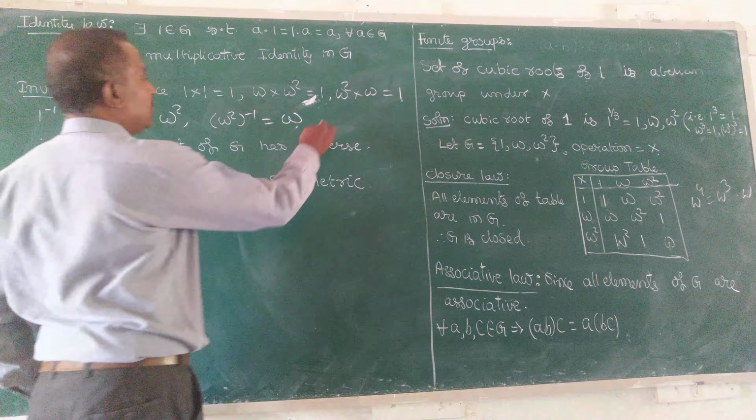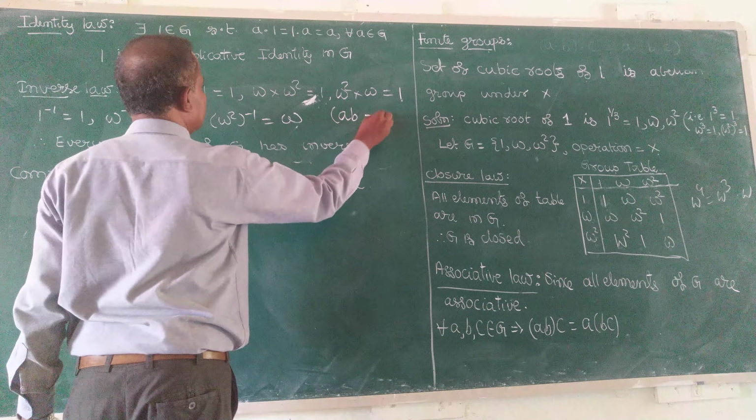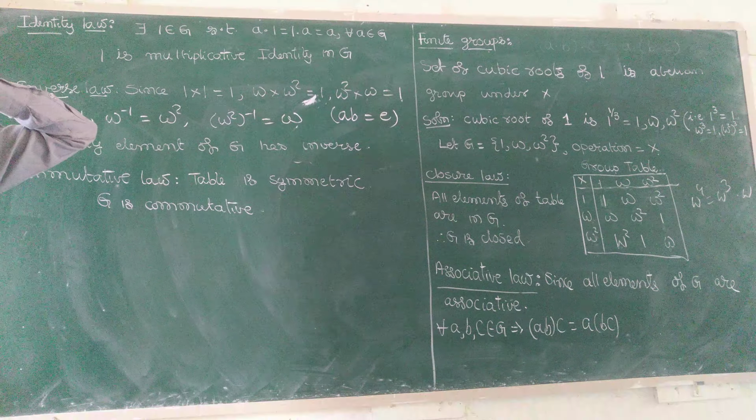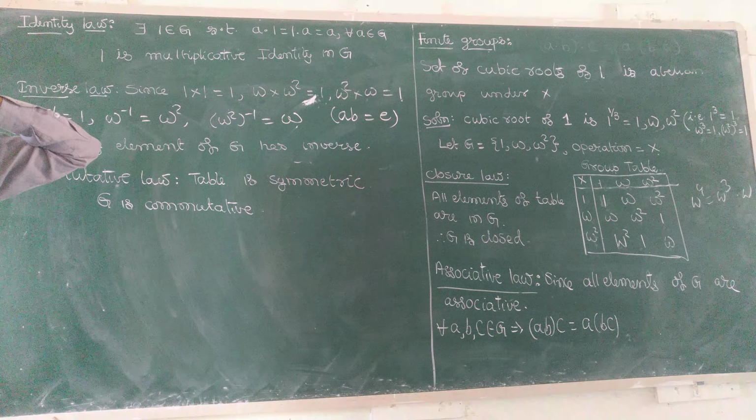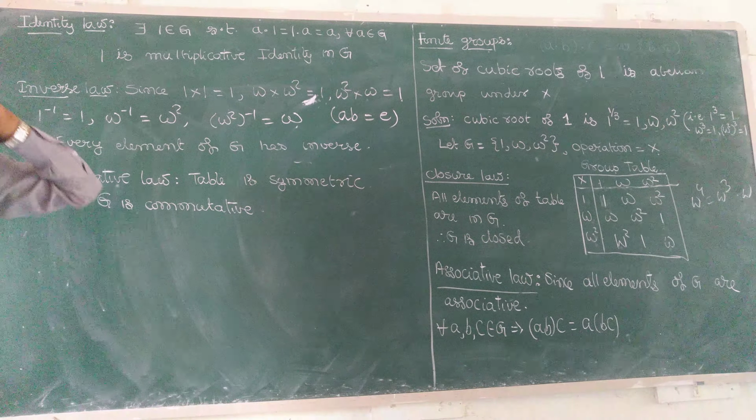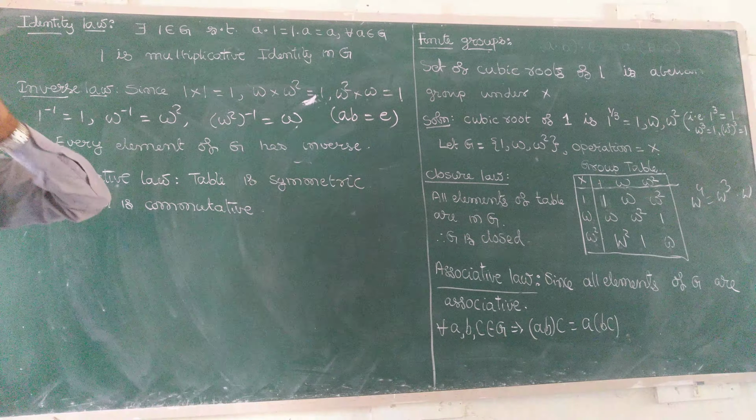Here it is in the form AB equals E. In such a case, we say that both are inverses. Inverse of 1 is 1. Inverse of omega is omega square. Inverse of omega square is omega. All of you okay? How do you find the inverse? We first write the product whose product is the identity, and then they are inverse to each other. Okay? So, commutative law.